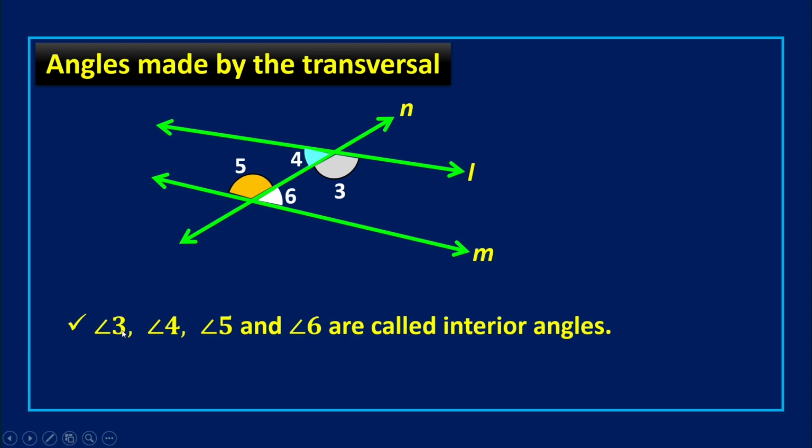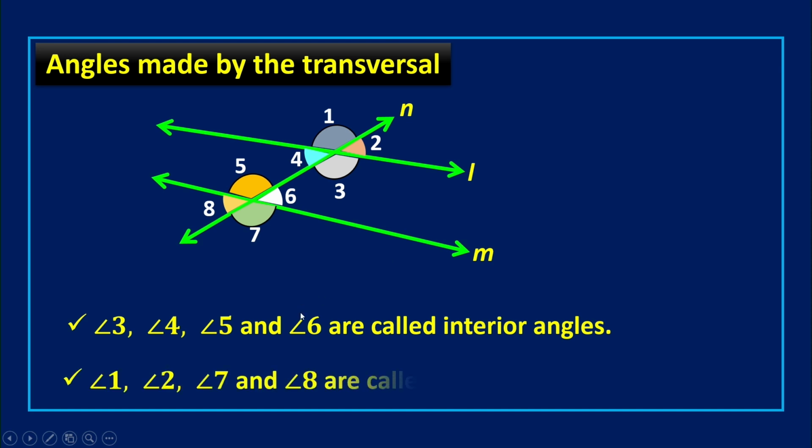Therefore, angle 3, angle 4, angle 5, angle 6 are called interior angles. Angle 1, angle 2, angle 7, angle 8 are outside of the L and M lines. Therefore, angle 1, angle 2, angle 7, angle 8 are called exterior angles.